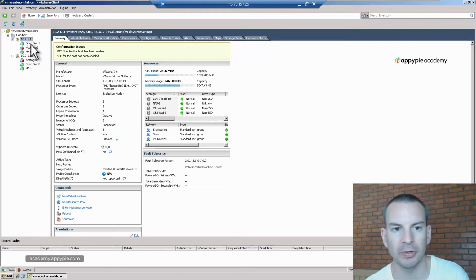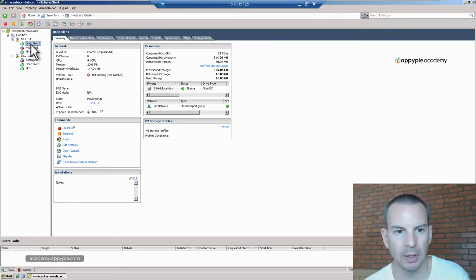If I click on OpenFiler, I can see that it is running with 4 virtual CPUs and a little over 300 meg of memory. It's also using storage as well. It's got 100 gig of provisioned storage. That's going to be provisioned on my data store, which is living on my external SAN storage.